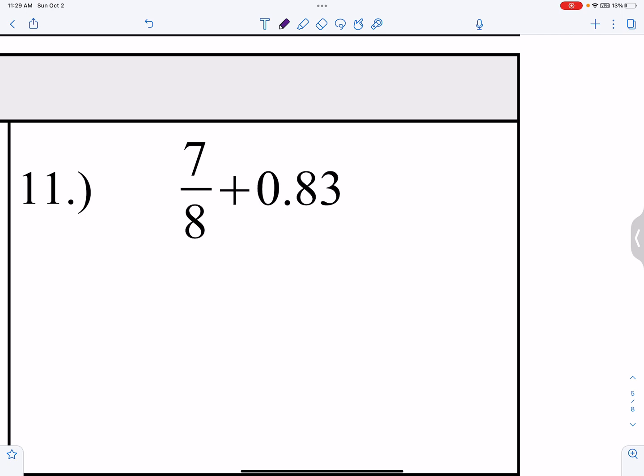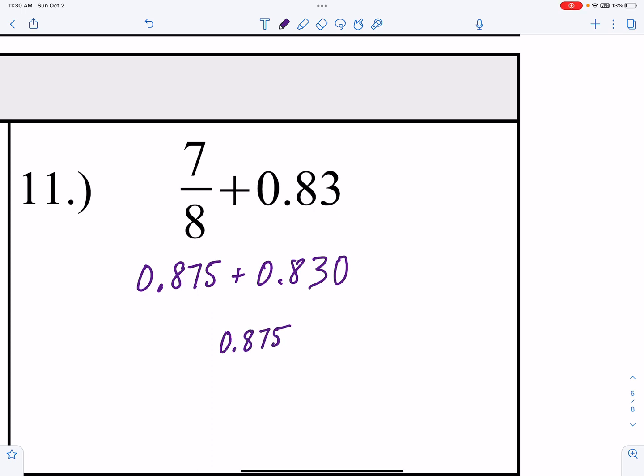So I'm going to rewrite my new problem, and you can see this ends up being really nice. I'm going to put my placeholder on this one right away. It's addition, and I have the same sign, so same signs, add and keep. So I'm going to add these up.